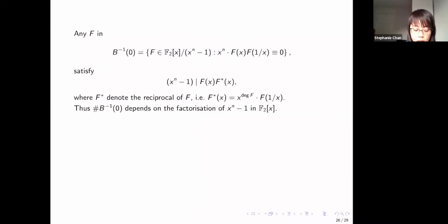So in other words, we can rewrite this as counting polynomials f so that f times its reciprocal is divisible by x^n minus 1.